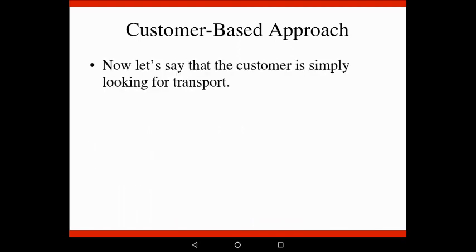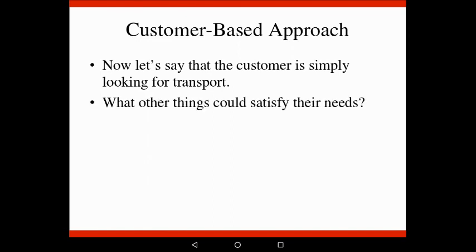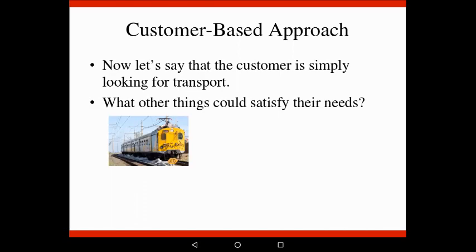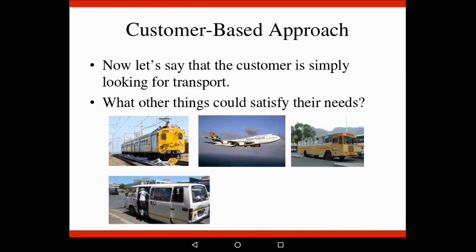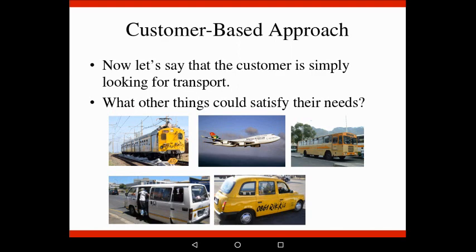Now, let's say that the customer is simply looking for transport. Okay? What other things could satisfy their needs? Not personalized transport, just transport. Now we're looking at it a bit broader. It would be the train, even a plane, depending on how far they need to travel, a bus, a taxi, and a yellow taxi.